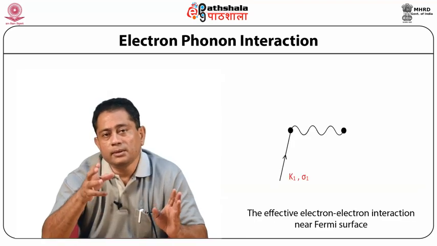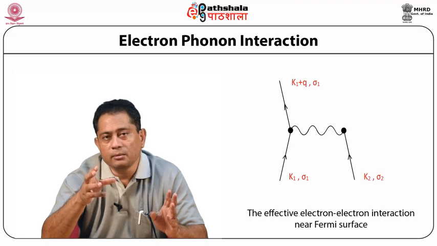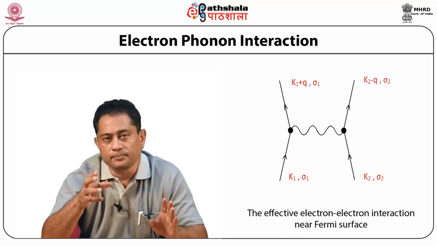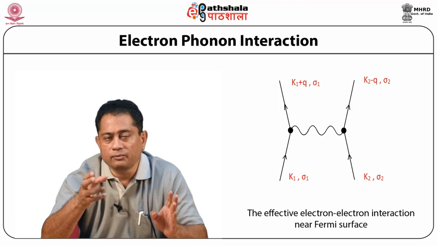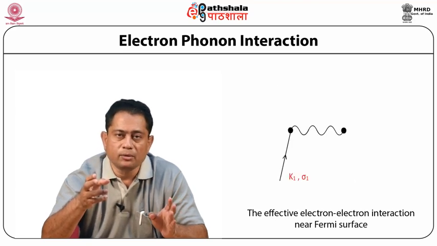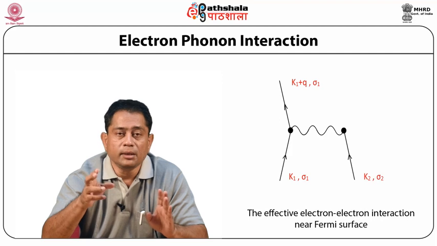So here we show a figure depicting the electron-phonon interaction. This is what is called the Feynman diagram. This is the effective electron interaction near the Fermi surface.